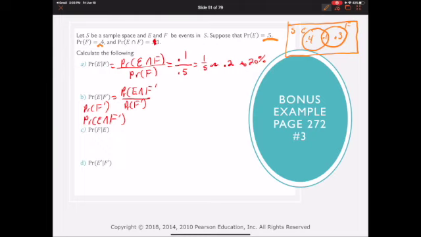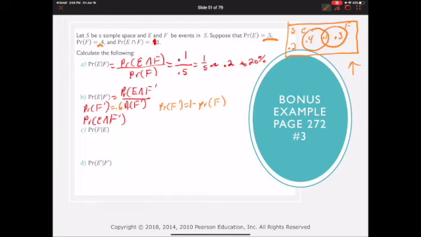E union F has a probability of 0.8, so everything left in our sample space is going to be 0.2. The probability of F complement is everything not in F, that's 0.3 and 0.2, so the probability of F prime is 0.5. We could also have used the formula where the probability of F prime equals 1 minus the probability of F, but I drew a nice picture, so we'll use that.